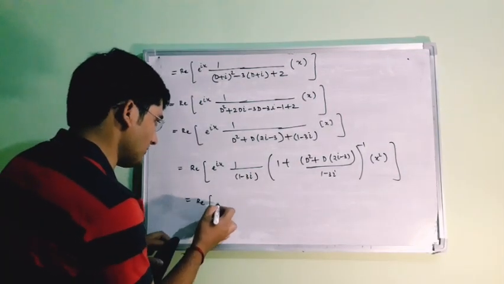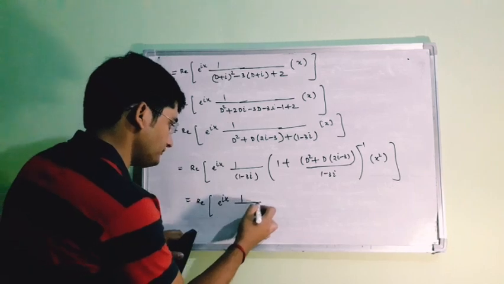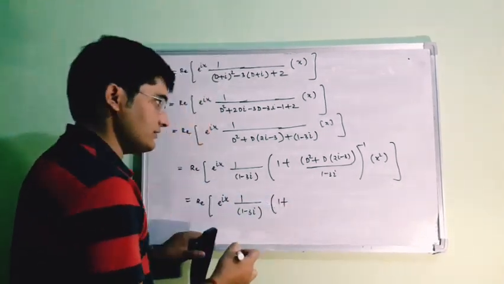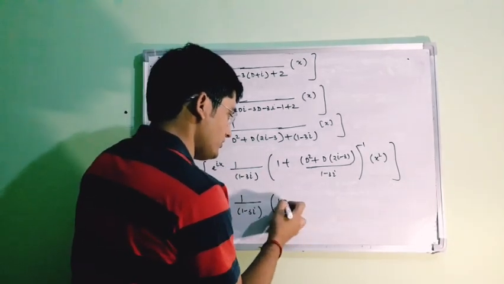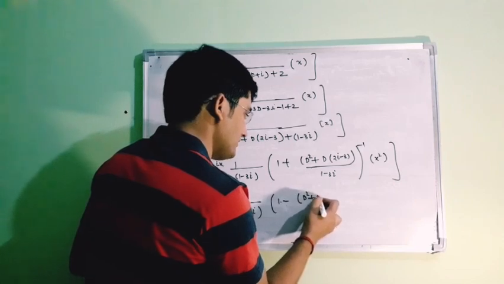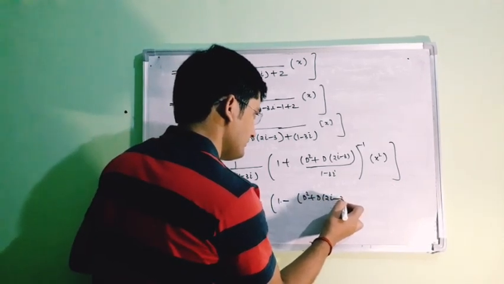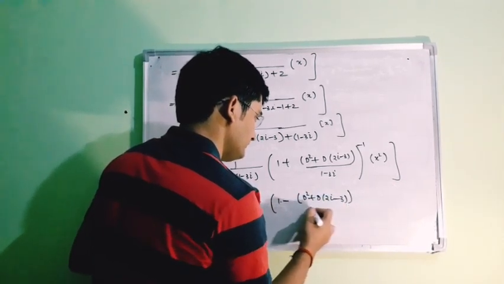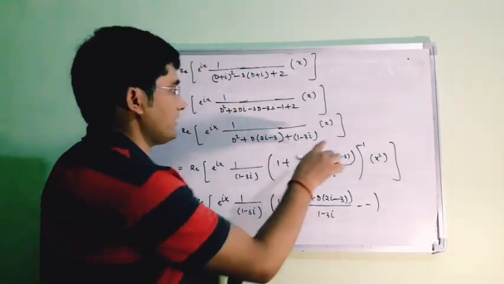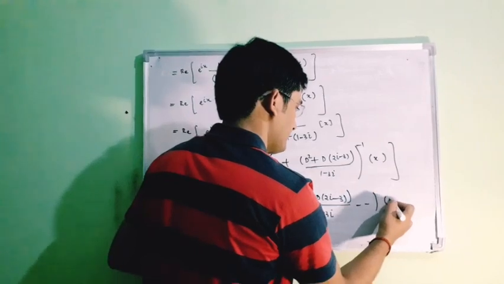So this is equal to the real part of e to power ix upon 1 minus 3i, plus, now if you apply this formula of binomial expansion, then we will have the terms, and I think in the bracket we have x, not x square.